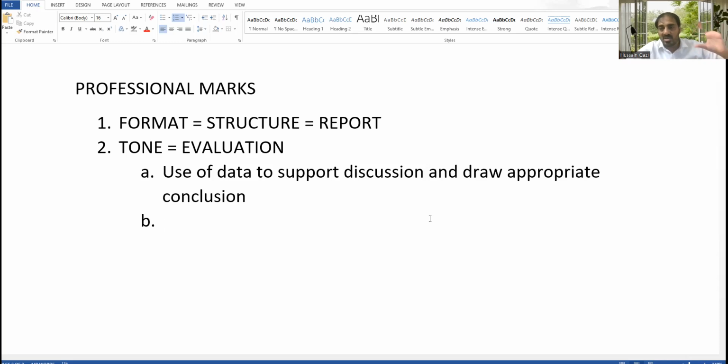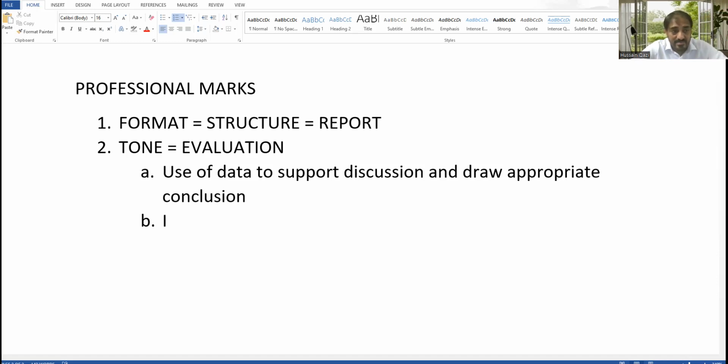Because here the SBL examiner will not ask you to calculate the NPV or anything in detail about NPV or IRR like this. If the examiner asks, it will be only a little bit about the calculations. The main thing is that whatever data is available, use that data to support the discussion and make a proper conclusion.